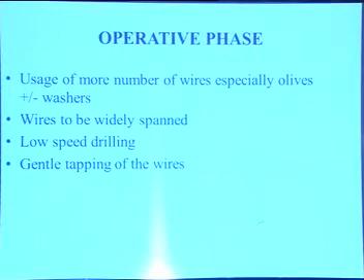We should also use very low speed drilling, because as the bone is highly osteoporotic, higher speed may produce thermal necrosis and loosening of the wires. Sometimes just hammer the wire; that is also sufficient, depending on the severity of the osteoporosis.